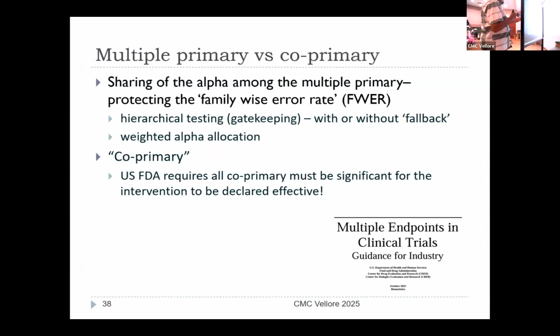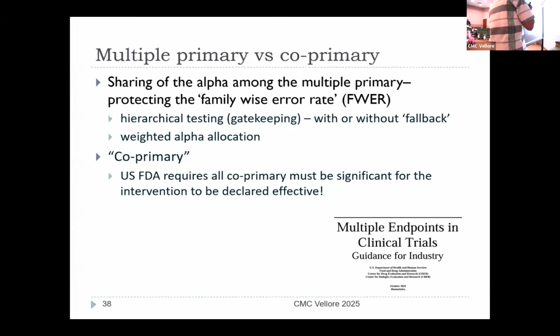I can do it gatekeeping or not, but if I have 2 outcomes, A and B, I can call them multiple outcomes, or I can say I have 2 co-primary. That to me is synonymous. To the FDA, it's not.